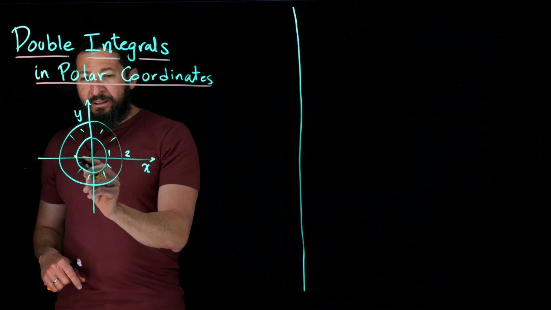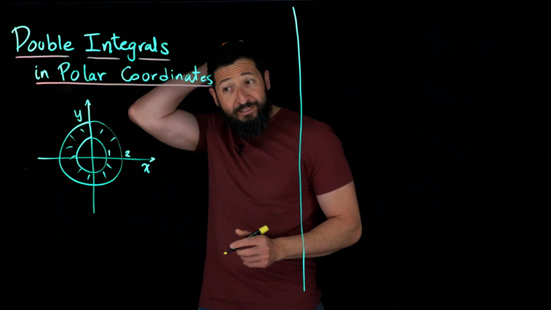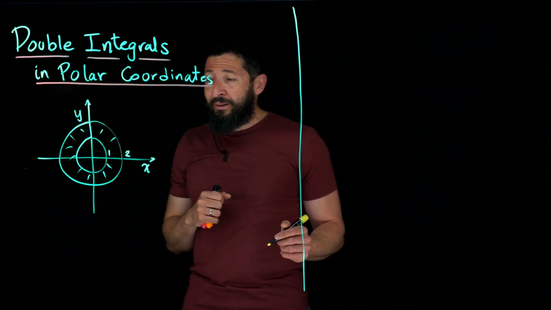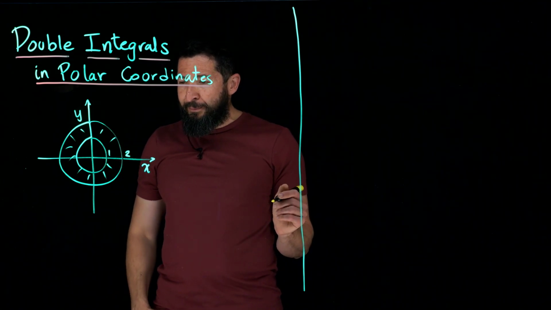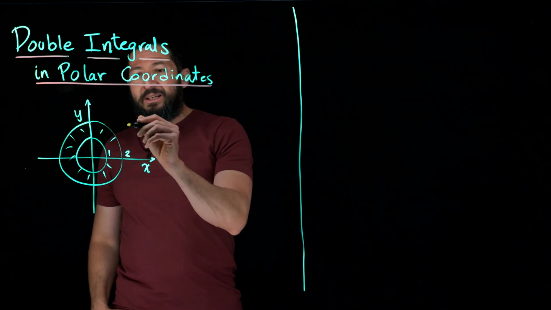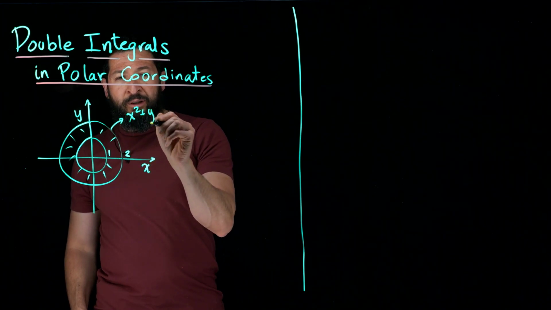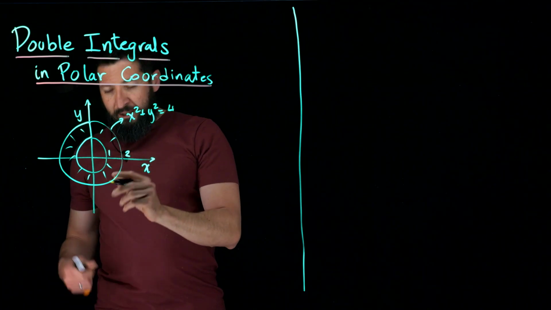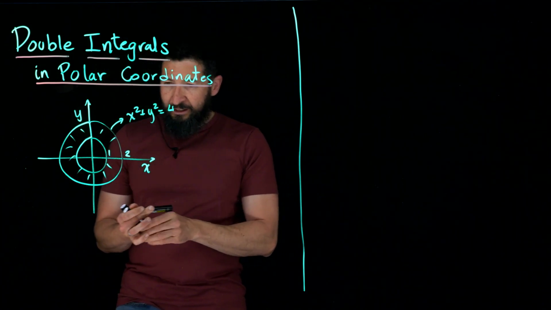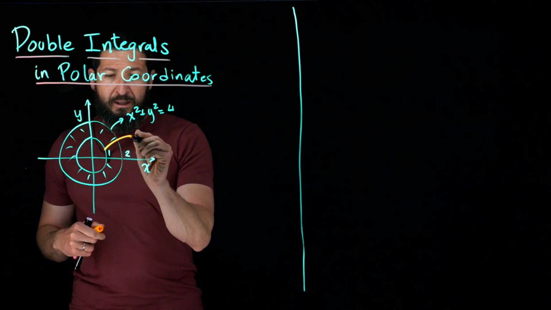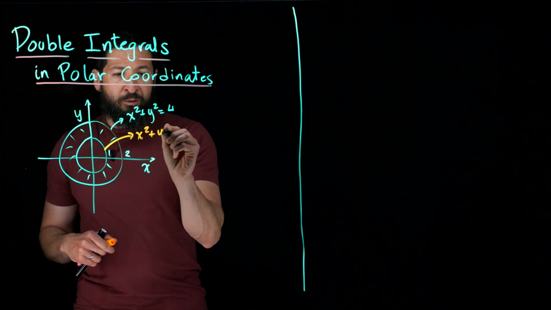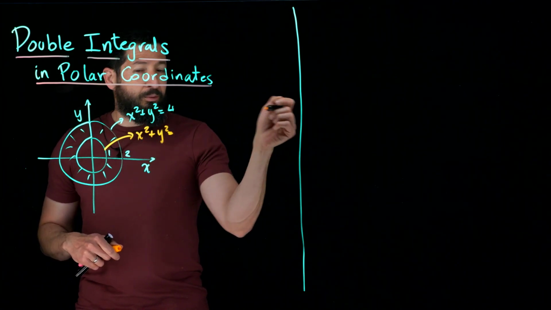And then you realize that this region is not very nice in terms of rectangular coordinates, because the outer equation will be x squared plus y squared equals 4, and the one inside is going to be x squared plus y squared equals 1.